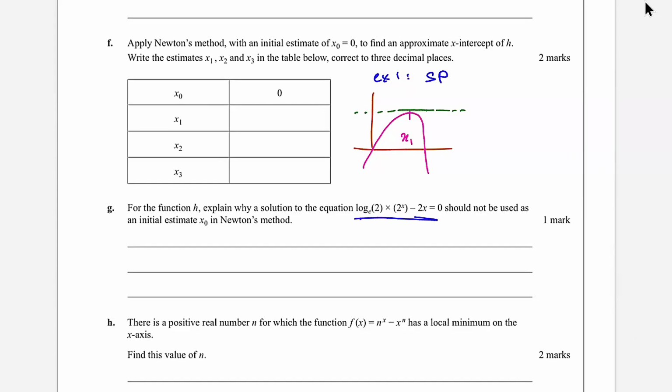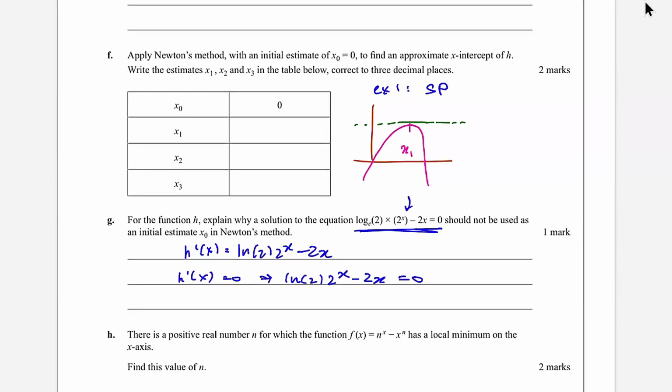And what you find about this expression is that h prime of x is also ln 2 times 2 to the x minus 2x. So we see that this expression is actually the derivative equal to 0. So we know that any solution that you get from that equation will correspond to a turning point, right? So then it'll lead to you getting a horizontal line, and then Newton's method will fail.